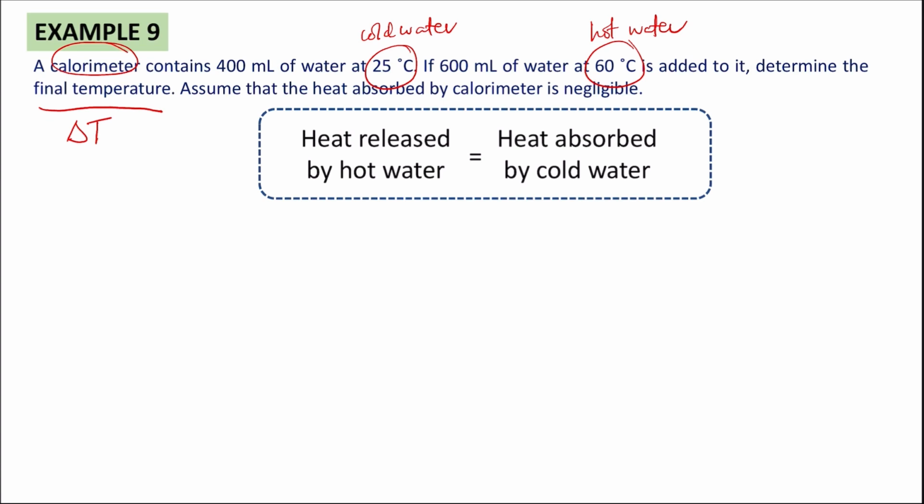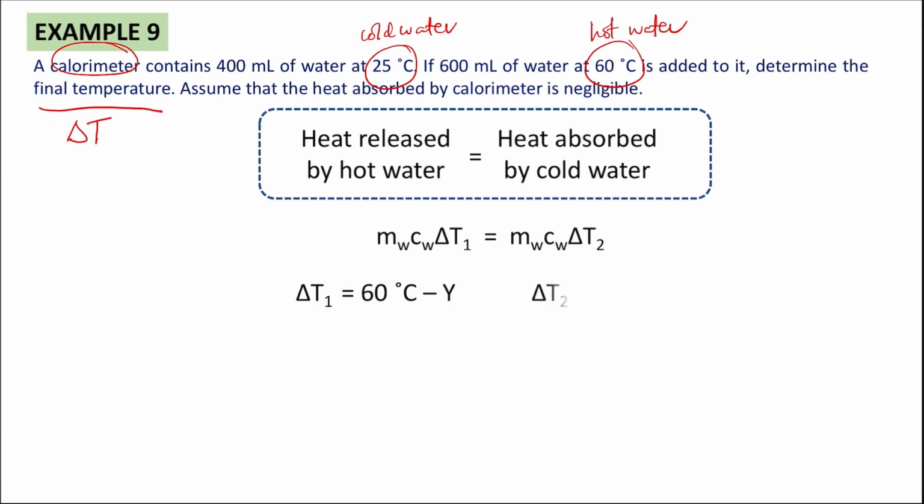Let's say saya buat formula untuk MCAT for water yang pertama dan MCAT untuk water yang kedua. This is for hot water, this is for cold water. So, bila awak tambah hot water untuk delta T1, hot water akan berkurang temperature dia.